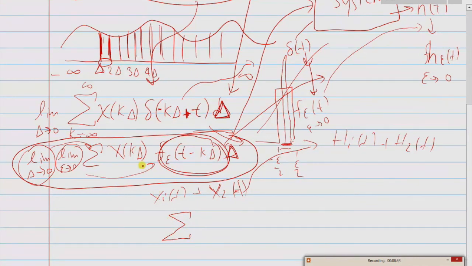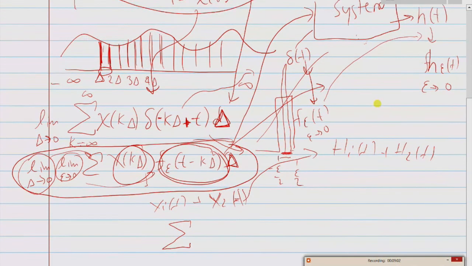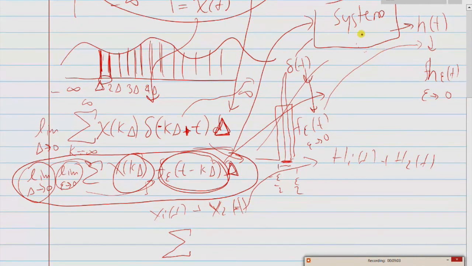One more thing that I have to mention that is quite important is that x of k delta is a constant with respect to t when I pass it into the system, because the system only depends on t, and since k delta does not depend on t, that means I can pull the constant out of the system.